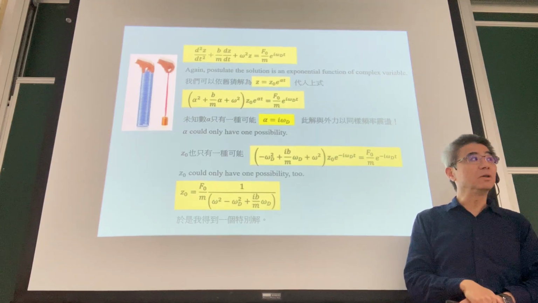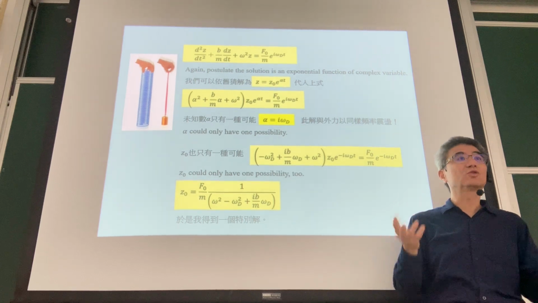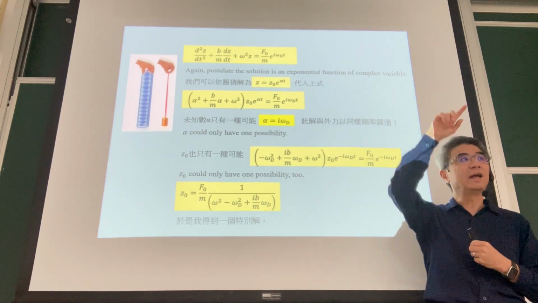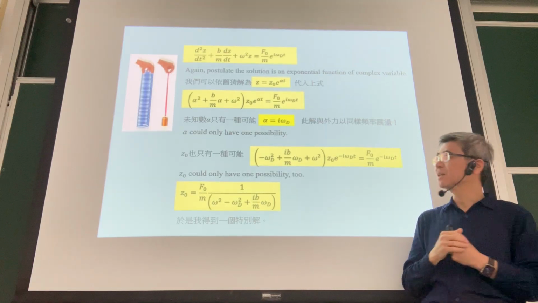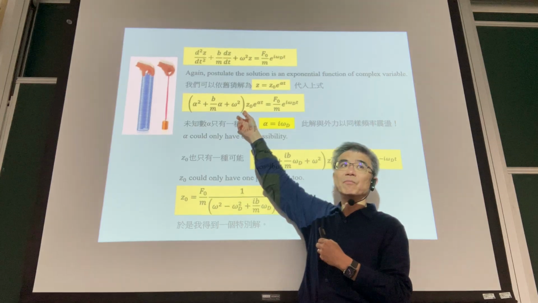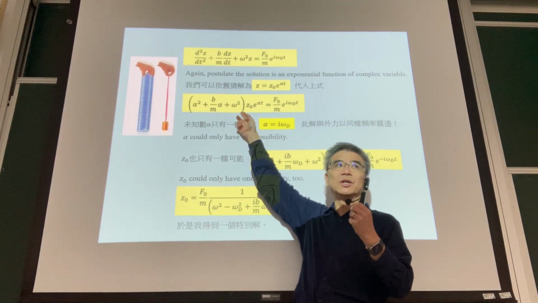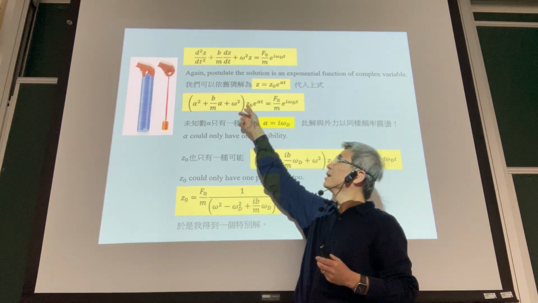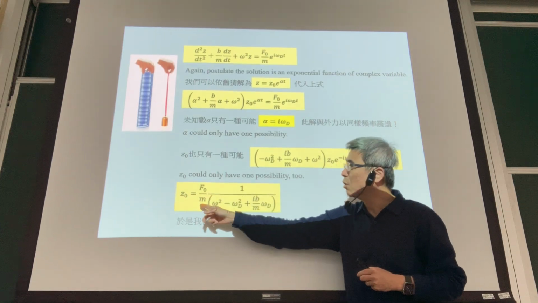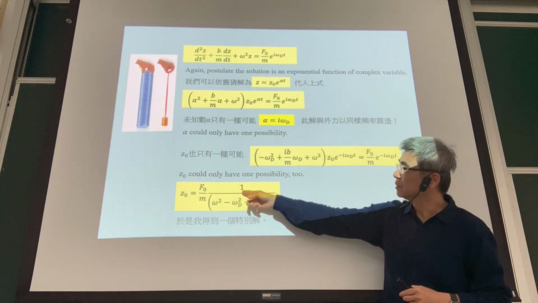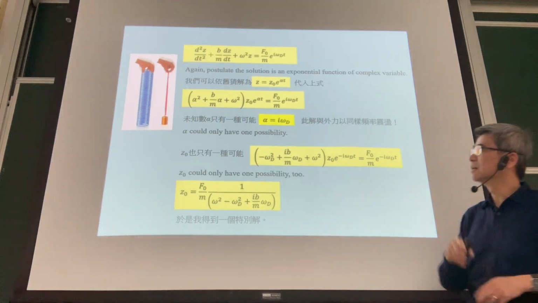In the homogeneous version, the z0 is the solution with two unspecified constants, right? A and phi, we use to fit the initial condition. But here, this z0 could not be arbitrary. Again, very, very different from our derivation just 5 minutes ago. Here, z0 has only one option, which is equal to f0 over m divided by this more or less complex number.